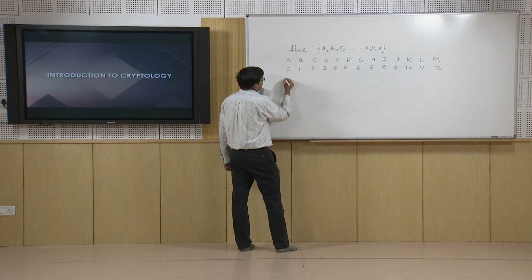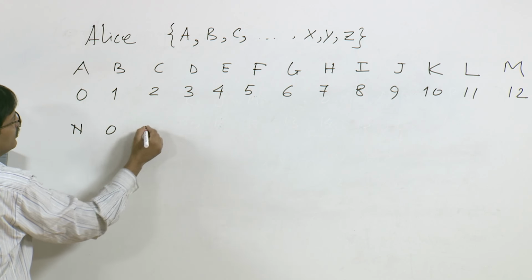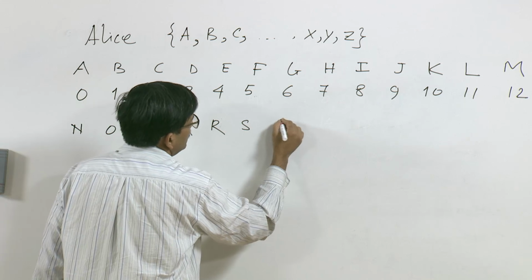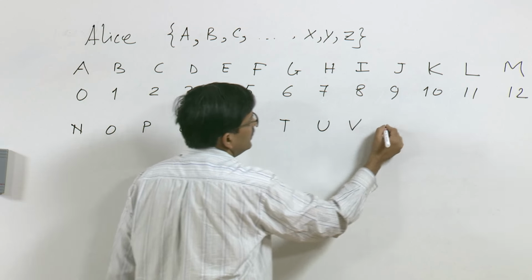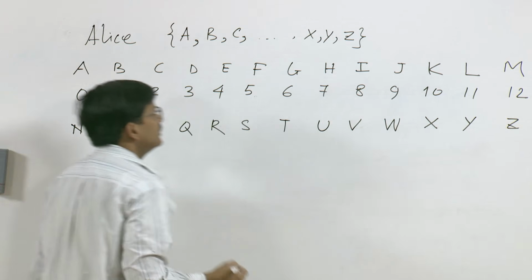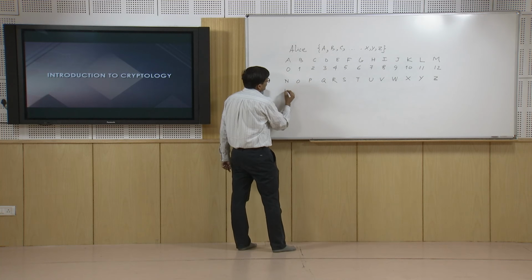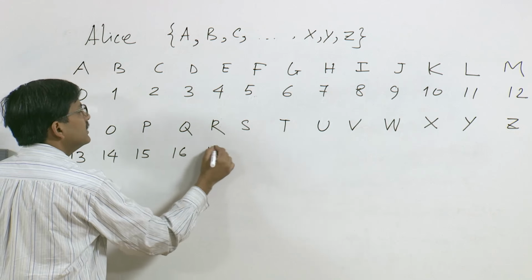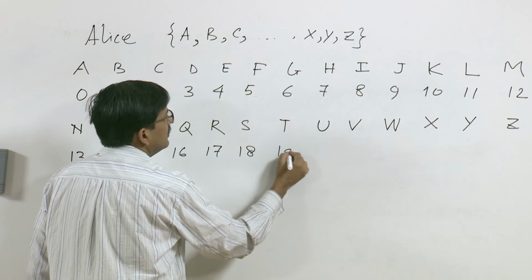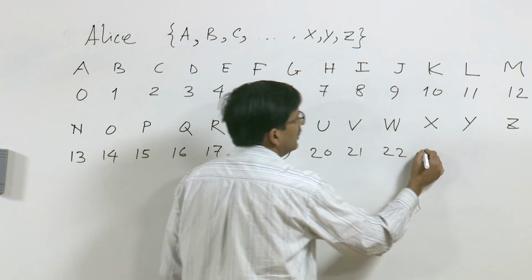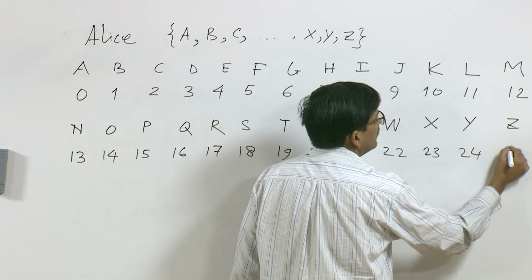Then we have M, N, O, P, Q, R, S, T, U, V, W, X, Y and Z. So, we have 13, 14, 15, 16, 17, 18, 19, 20, 21, 22, 23, 24 and 25.